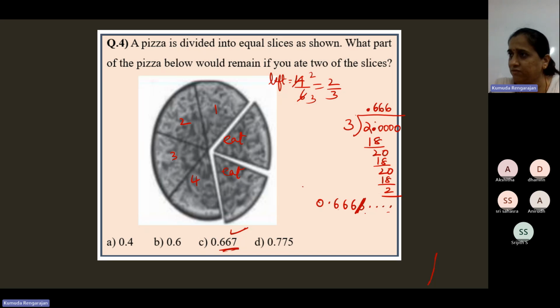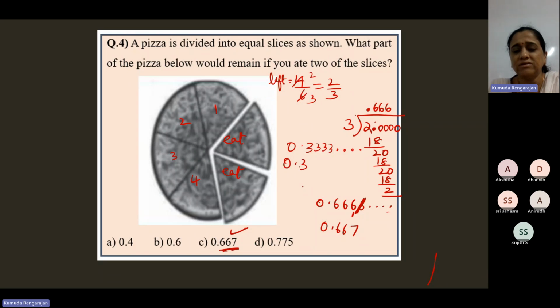Now this 6 is more than 5, right? So when it's more than 5, increase the previous digit by 1. So it will be 0.667. That's how you round off. Now supposing it is 0.3333 going on forever.